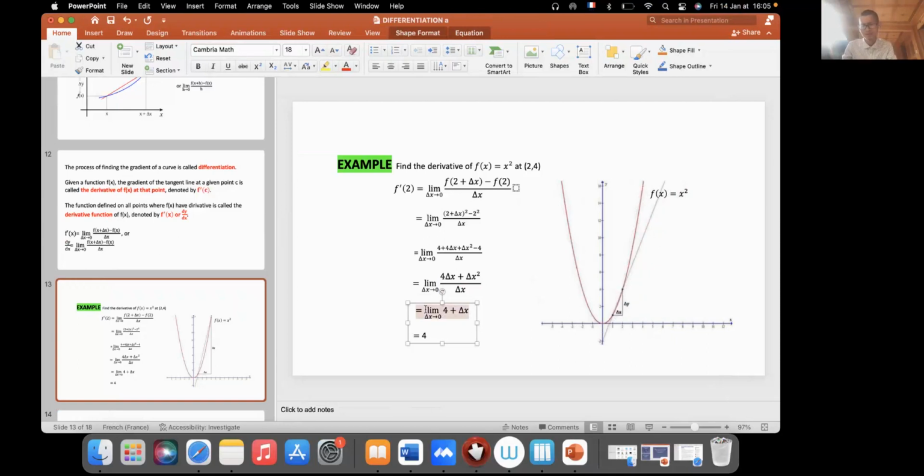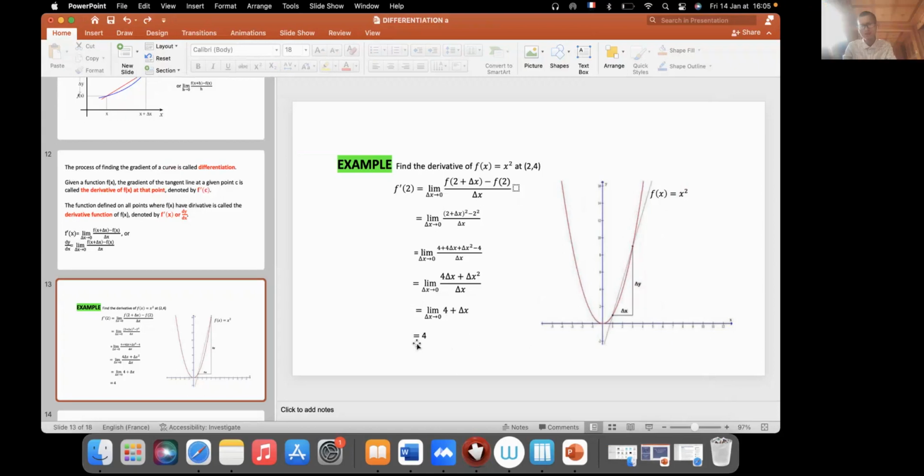Okay, so now we turn to the limit operation. Keep in mind our limit is with respect to delta x, and also keep in mind that delta x is not delta times x, okay? So after applying the limit to 4 plus delta x, we get 4, right?